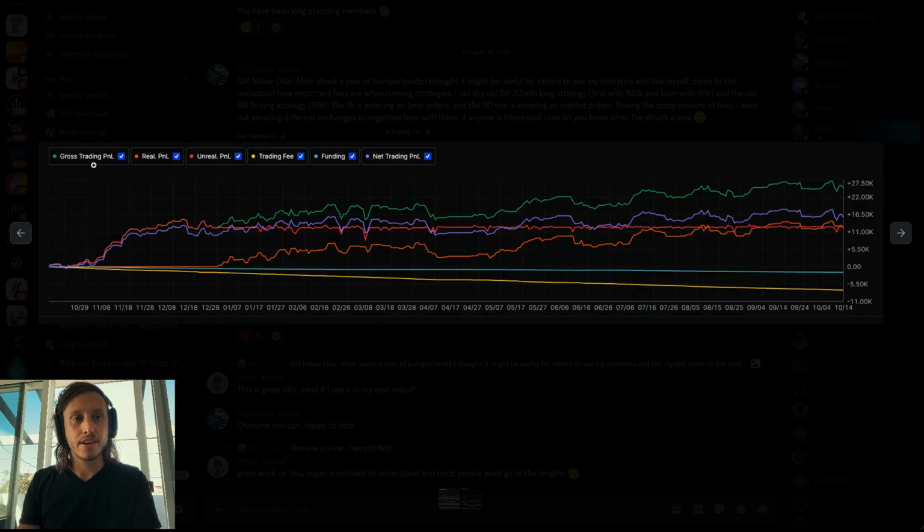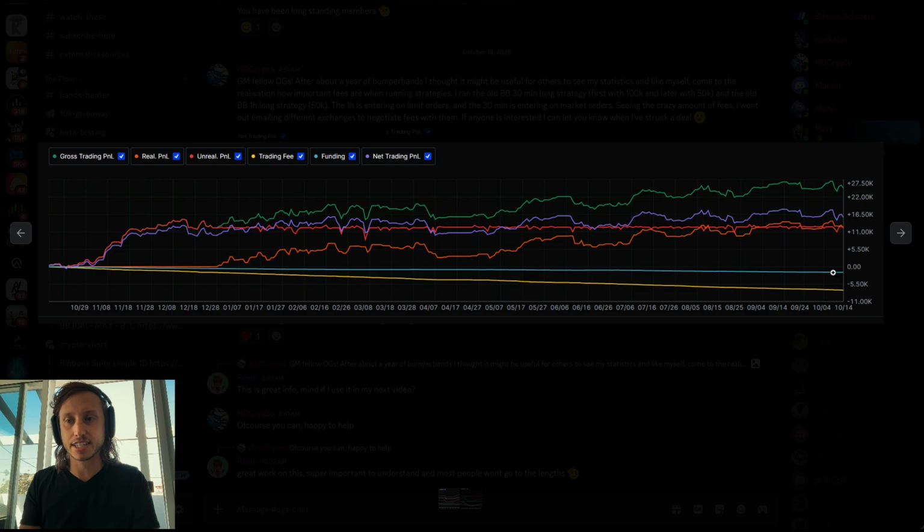So you can see here you have your gross trading profit and loss on the 1-hour trading strategy. Over a year's time that would be plus 27K. I think this is trading a 100K trading account, so that's a nice 27% gain if you're just looking at gross P&L. However, the trading fees and the funding fees are here.